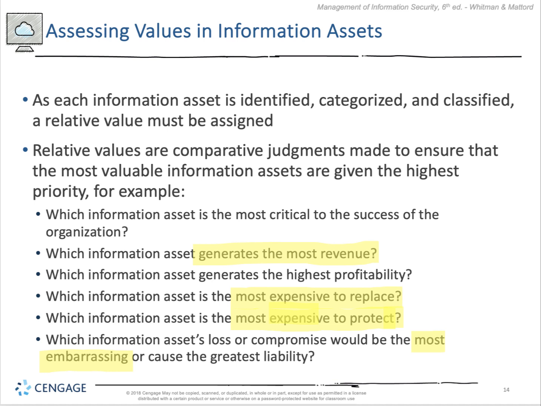Now, as far as assessing values in information assets, this is very, very important, okay? This is one of the most important tasks in risk assessment. Why? Because the goal of assessing risks or managing risks is, like I said before, there is no way that you're going to eliminate all risks.